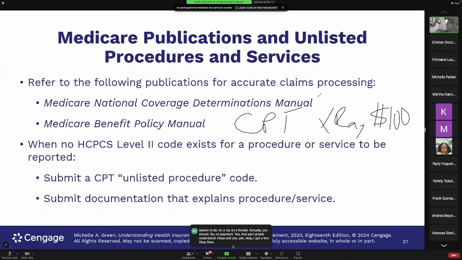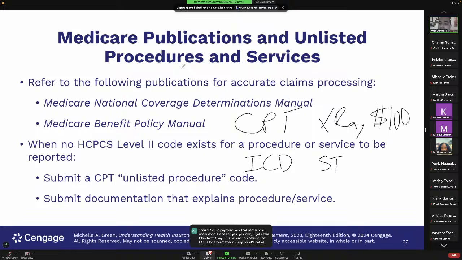Now, this patient's ICD is for a heart attack. It's called STEMI, ST-elevation myocardial infarction, the acronym for a heart attack. We are going to do a chest X-ray to check for problems with the heart.